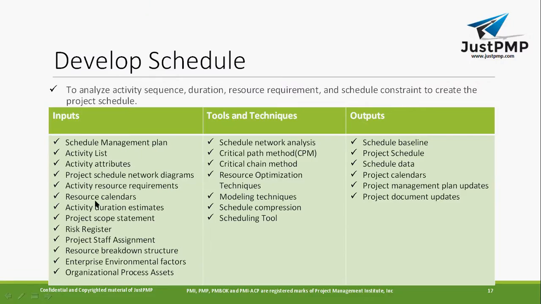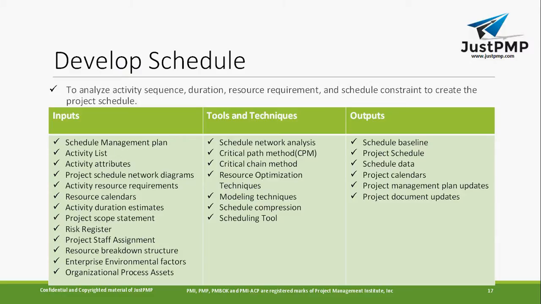Resource calendar: the calendars of the resources, in terms of when resources are available and what resources there are. Activity duration estimate: this gives you, for each and every activity, when it gets completed. The time duration is important, because when you're developing a schedule you should know this for every activity, which you have already done as part of estimate activity duration.